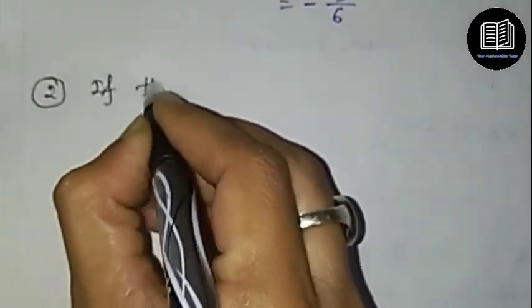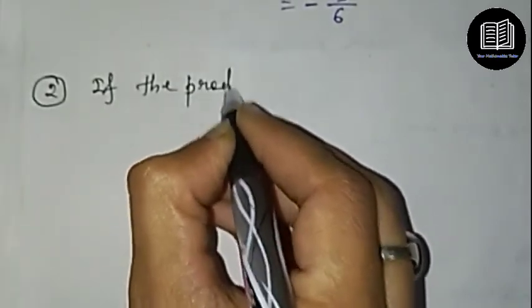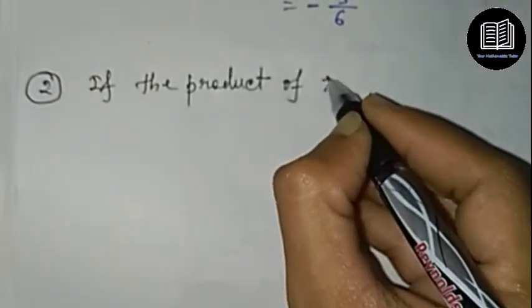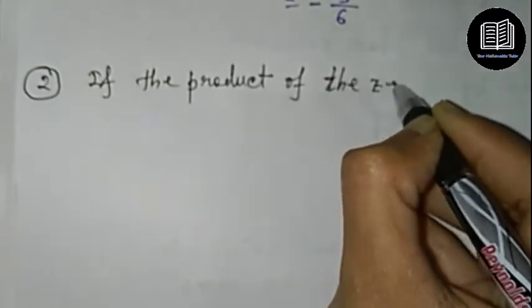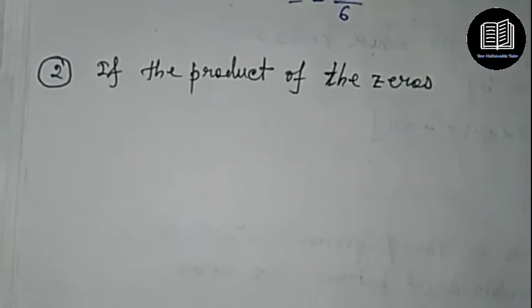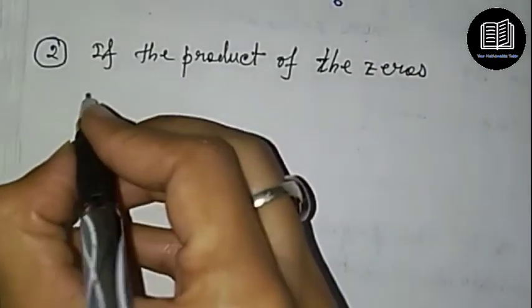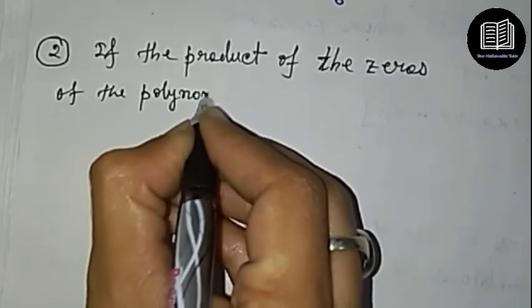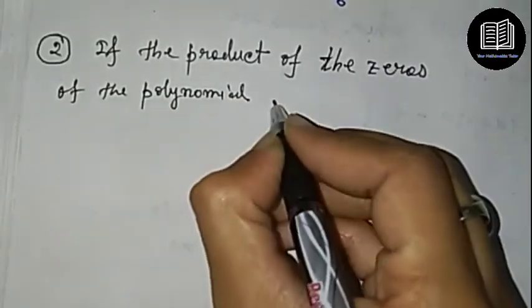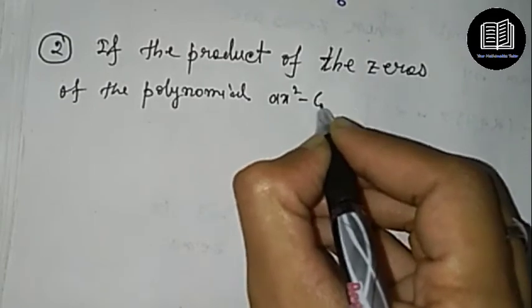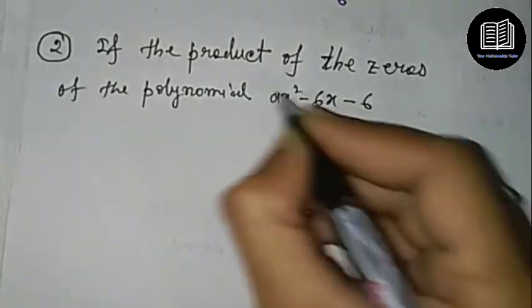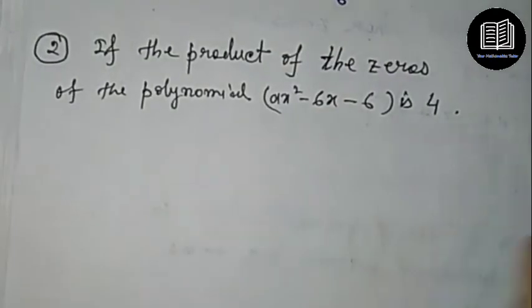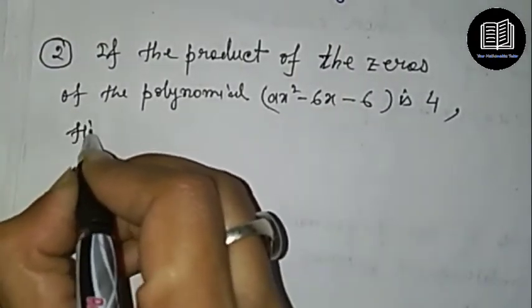If the product of the zeros of the polynomial ax square minus 6x minus 6 is 4, find the value of a.